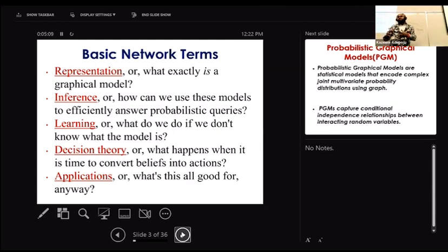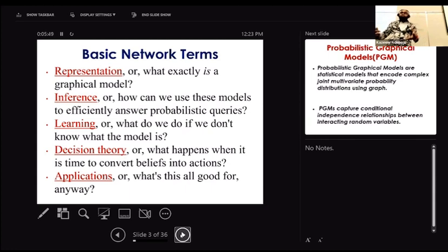So probabilistic graphical model is a framework to represent a large collection of variables. How can we actually model a large collection of variables that interact? That's basically what we want to do. Now, of course, we're going to have, like I said, representation.